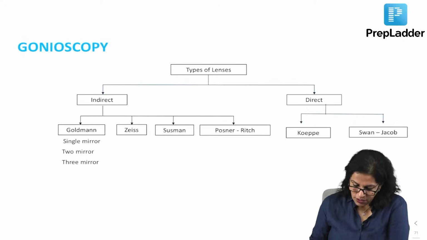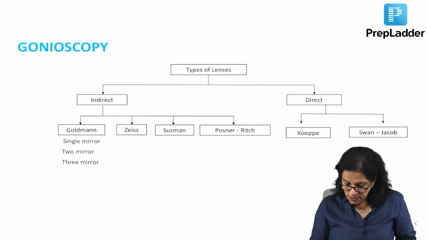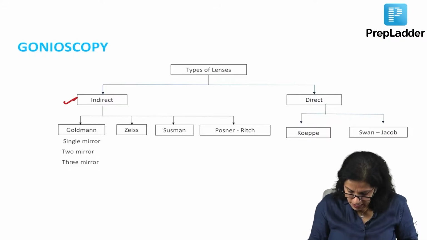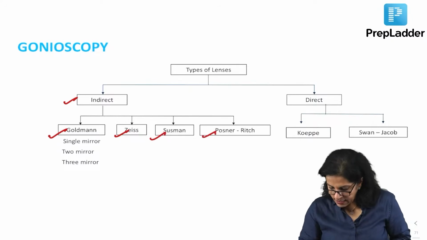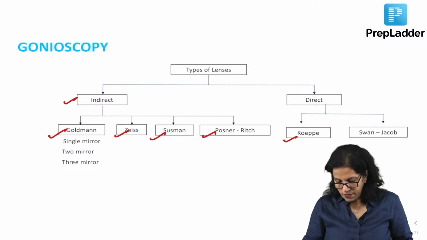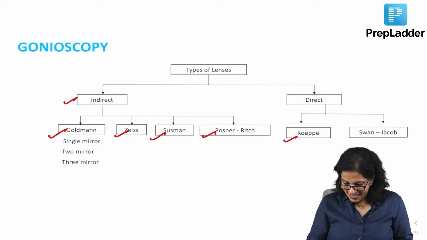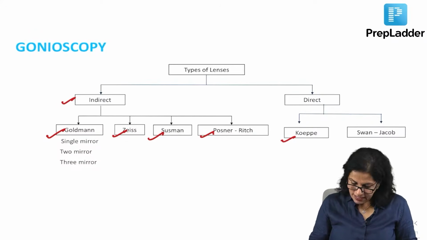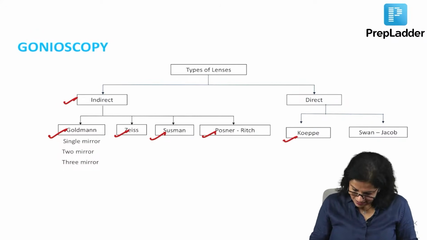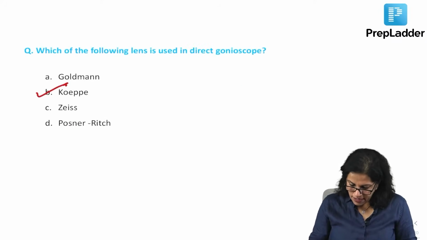Okay? So we will revise this with this chart once more. Indirect includes Goldmann, Zeiss, Sussman and Posner-Ridge. I think Goldmann and Zeiss should be remembered for the exam. Direct is Koeppe and Swan-Jacob. Okay? Some important ones I have. Yes, Richardson and Koeppe are both direct.